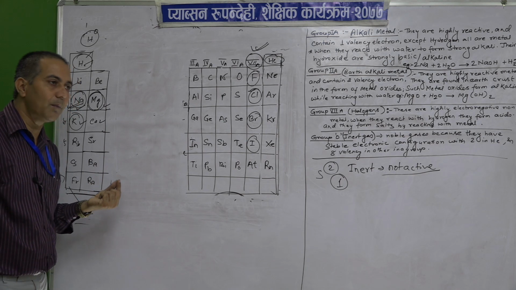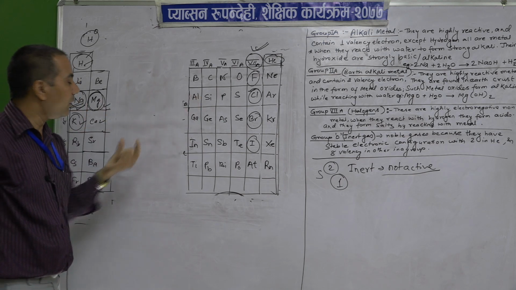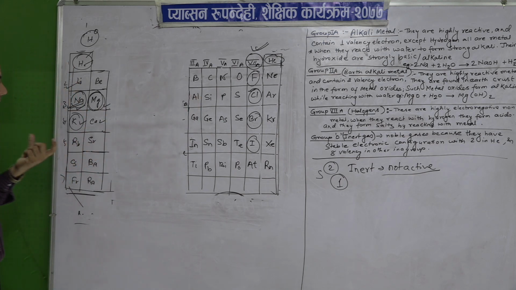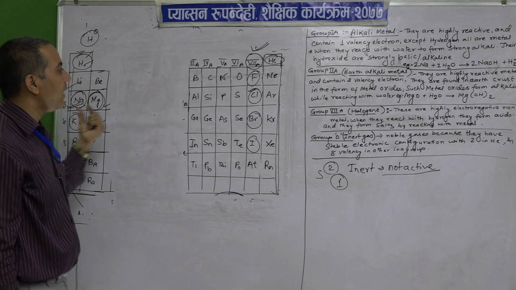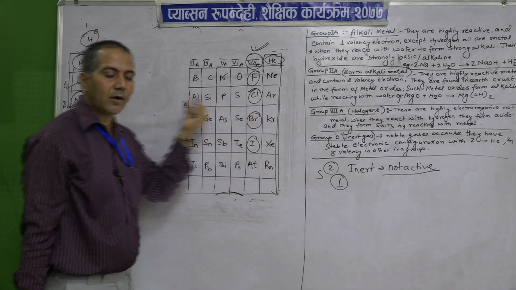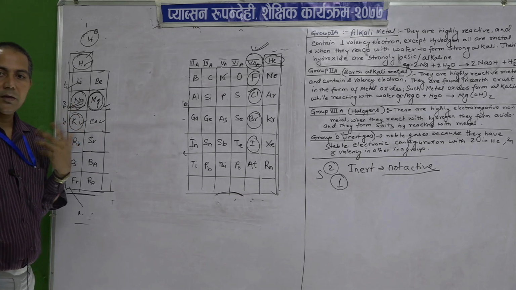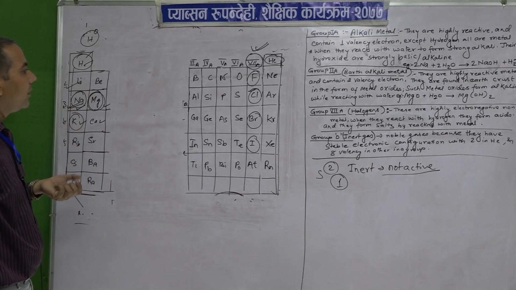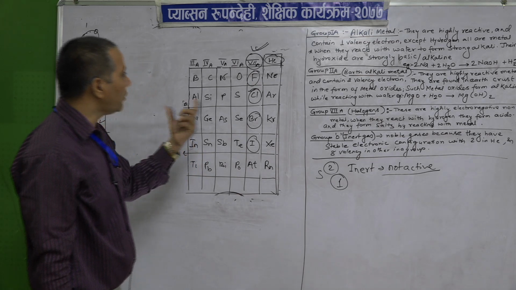We have seen the example of hydrogen and chlorine forming hydrochloric acid, and sodium and chlorine, when they react, form salt.